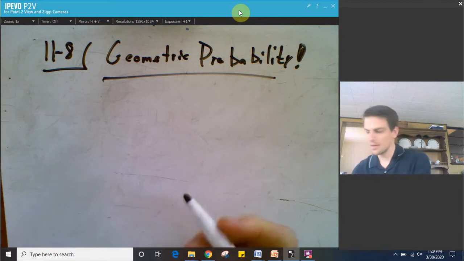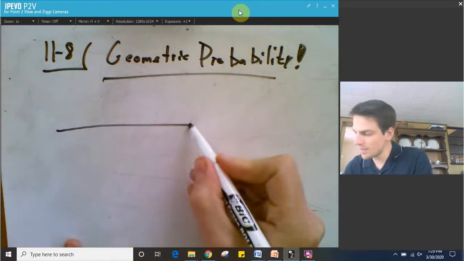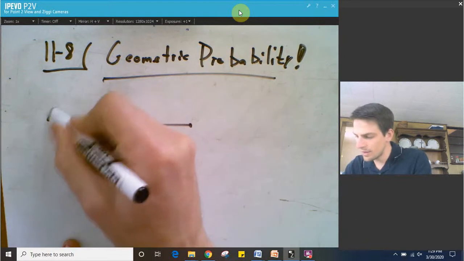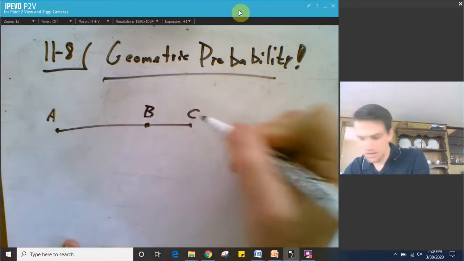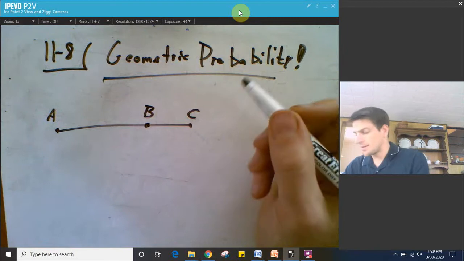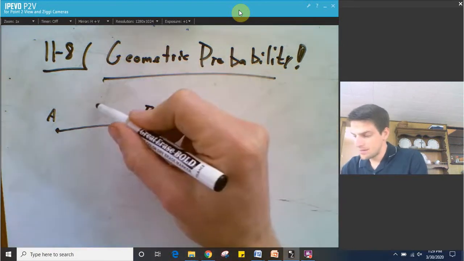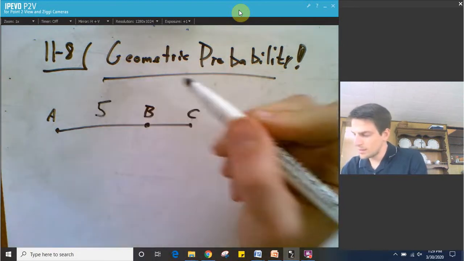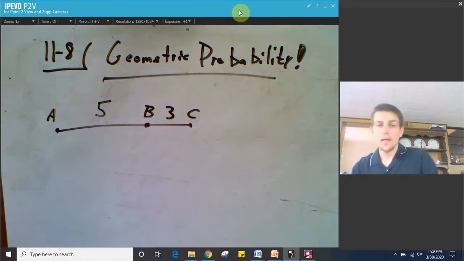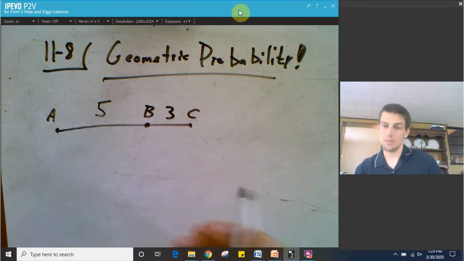So let's say I have a length of a line, and I'm going to have points A, B, and C on it. And let's say that the length of AB is, we'll go with 5, and the length of BC is 3. And I'm going to pick a point at random on here.